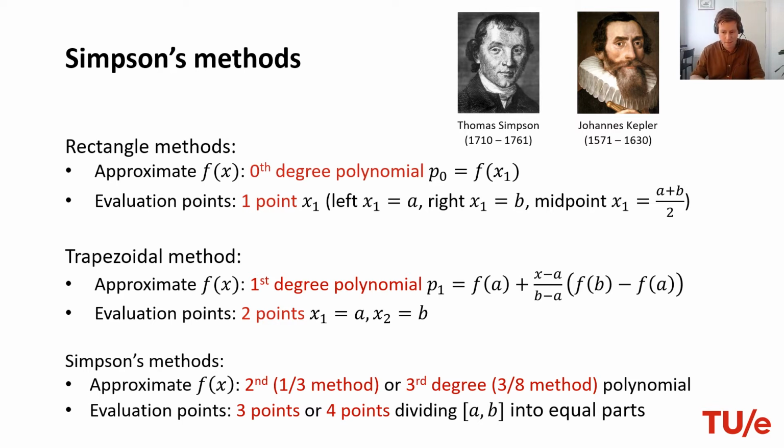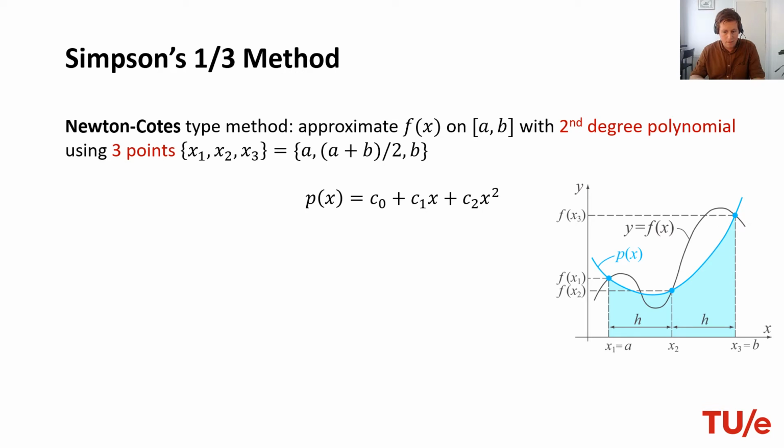That's Simpson's methods. So let's start out with the first of the two Simpson's methods, and that's the Simpson's 1/3 method. It's again a Newton-Cotes type method, which means that we approximate our function on the interval AB with a second degree polynomial. So for that we need 3 evaluation points or 3 collocation points as is also called.